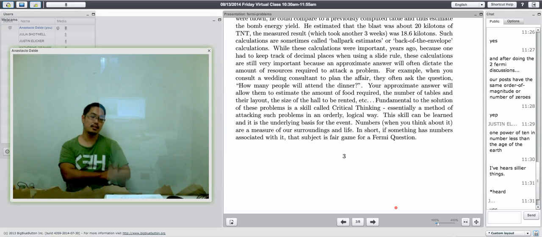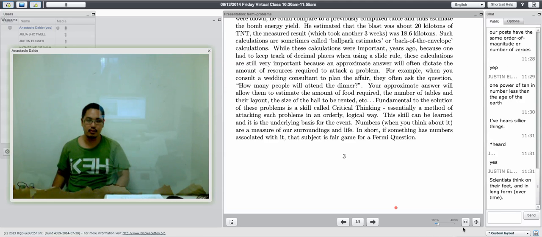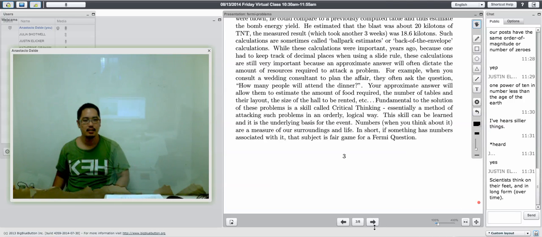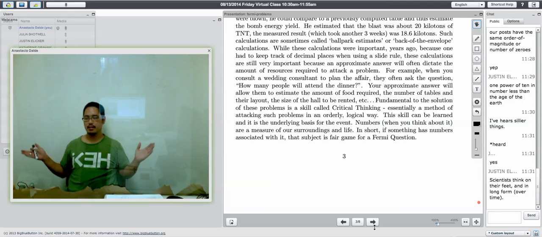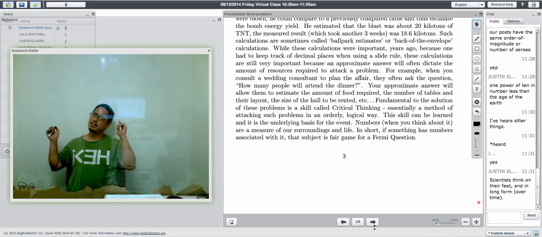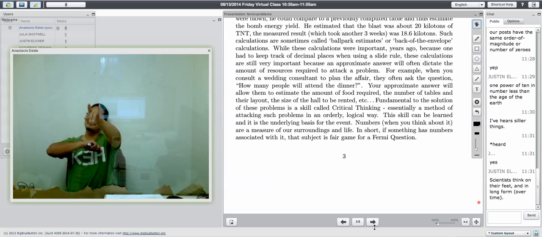Because one of the things I've noticed, and I'm just telling you what I've noticed, I asked you guys to convert the speed of light into miles per hour.